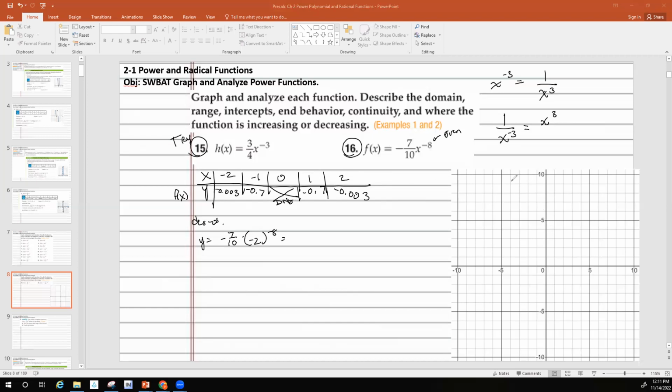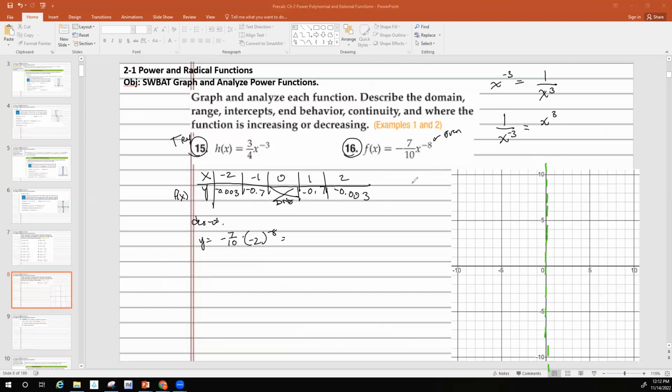Because it doesn't exist at 0, it's going to be an asymptote. Green asymptote. So we just made that dotted line there.